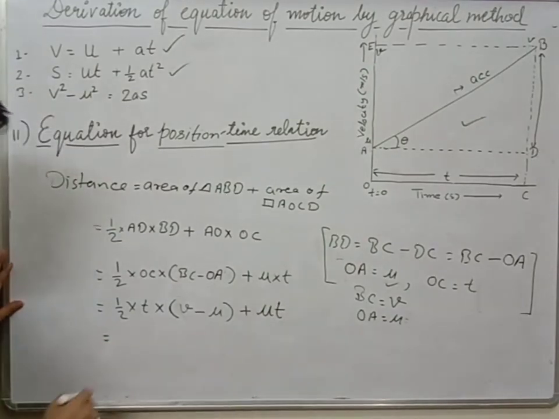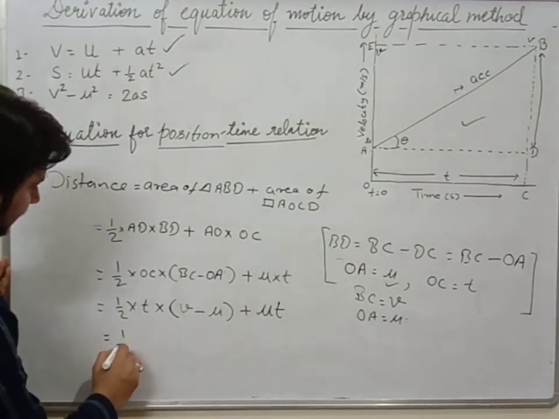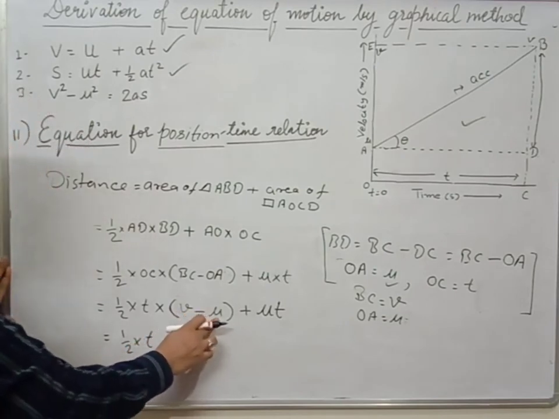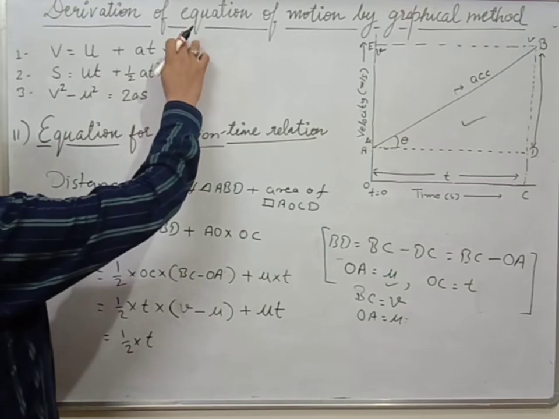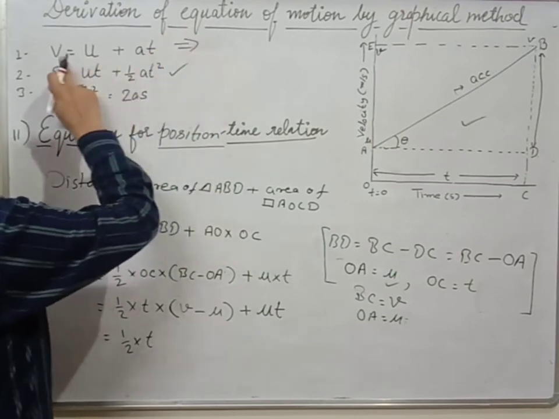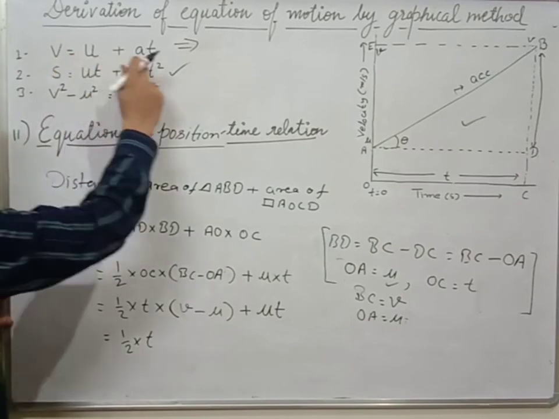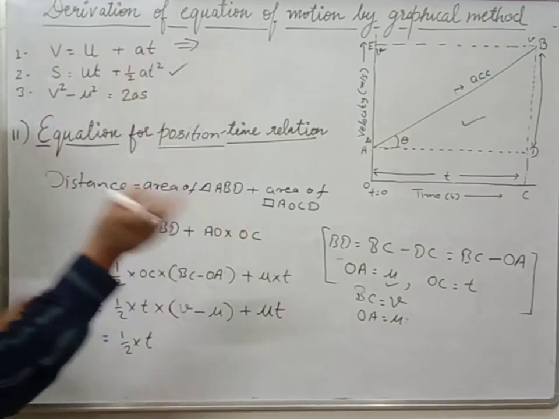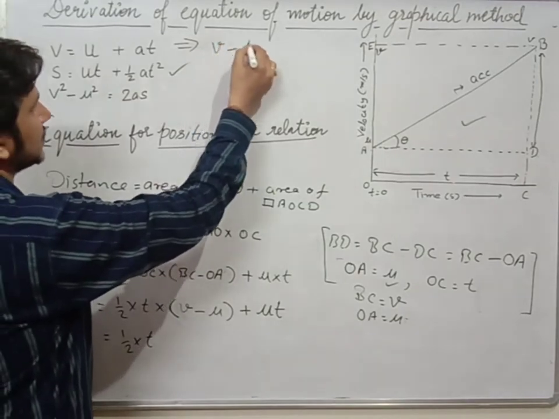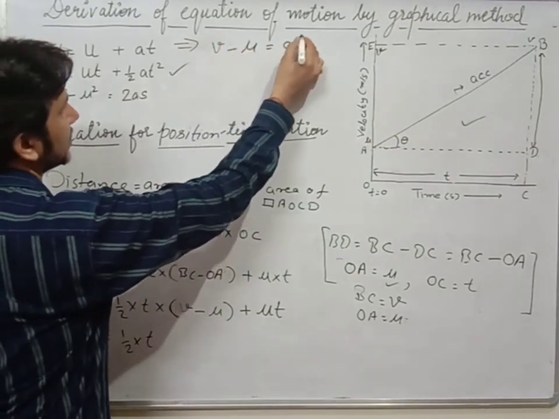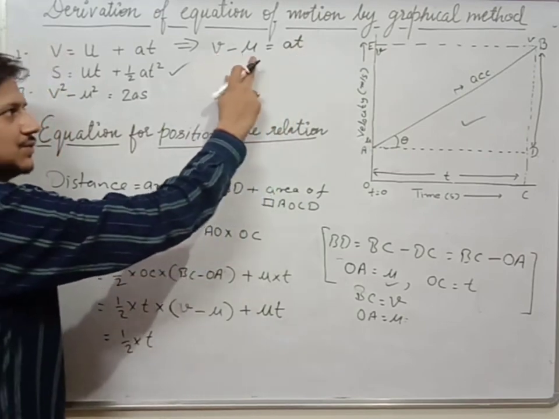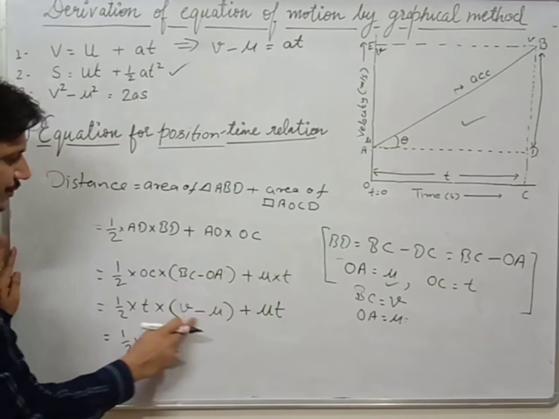Now see here, half into t, V minus U. Let's see the first equation, which we have already discussed: V is equal to U plus AT, or V minus U equals AT.